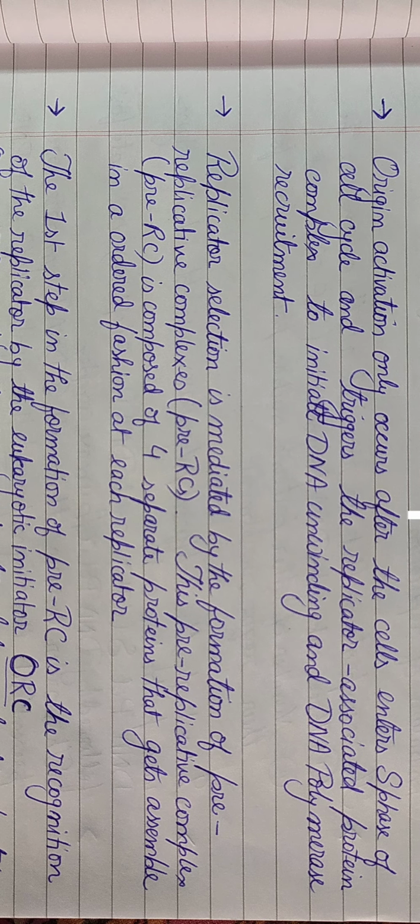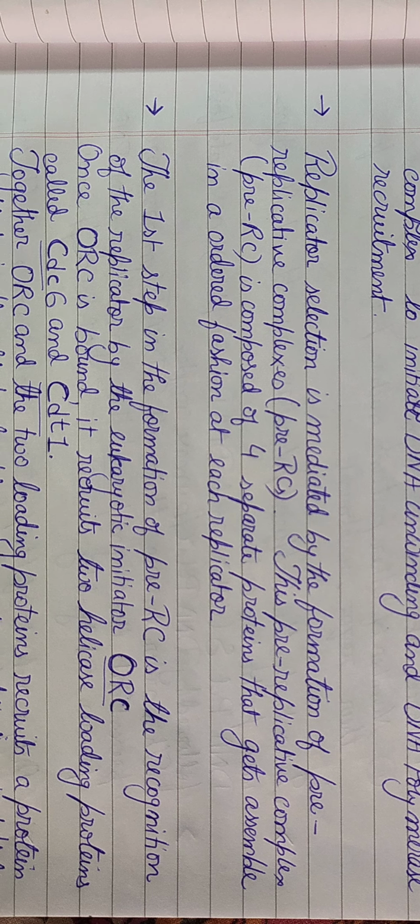This pre-replicative complex identifies the replicator regions and binds, and it is made up of 4 separate types of proteins that get assembled in an ordered fashion at each replicator sequence. Let us see the names of those proteins.